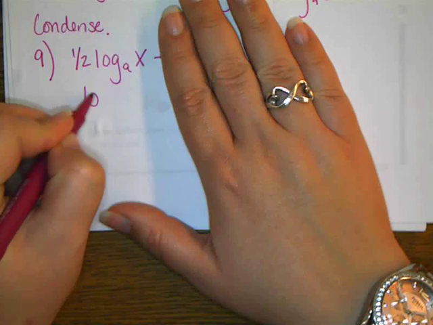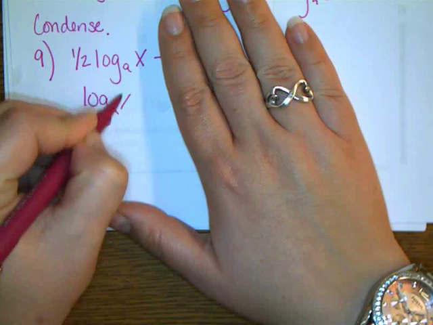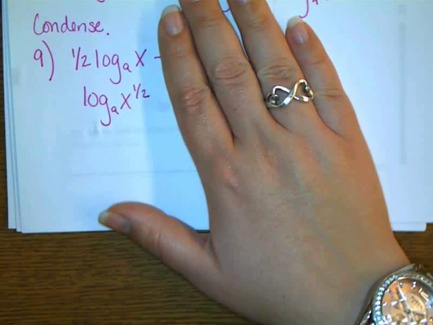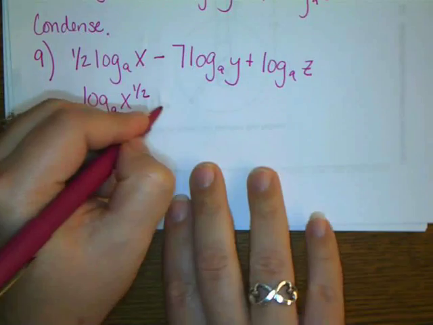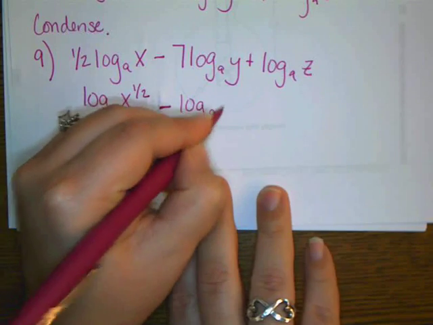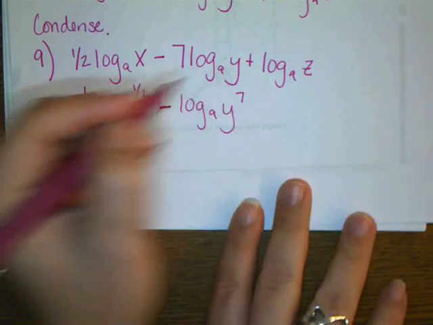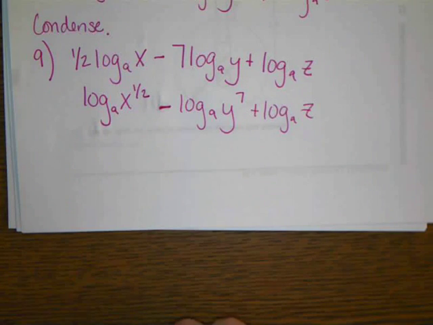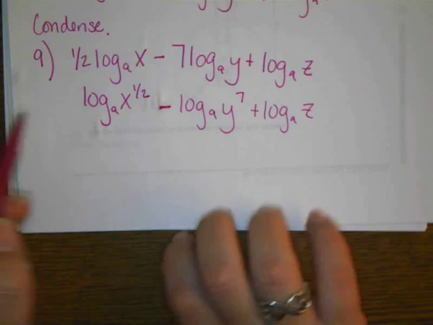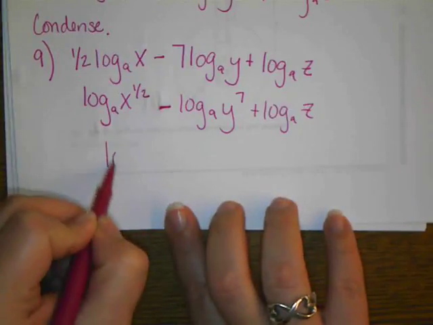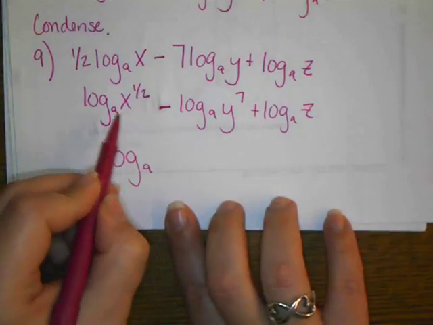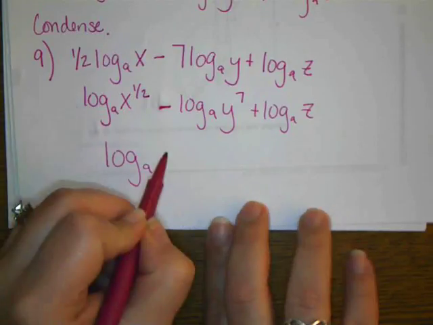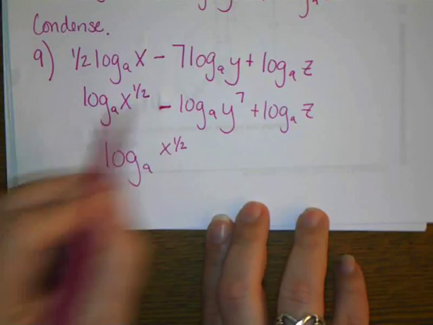First, we'll take care of this. The power rule says this coefficient comes up as an exponent. Minus log base A of y to the 7th plus log base A of z. Now, just like before, we're going to write log one time, but this is a positive in front, so it's on top, just like our exponent rules.